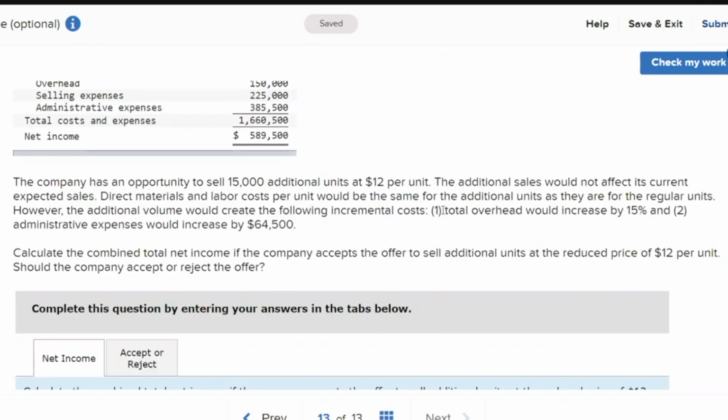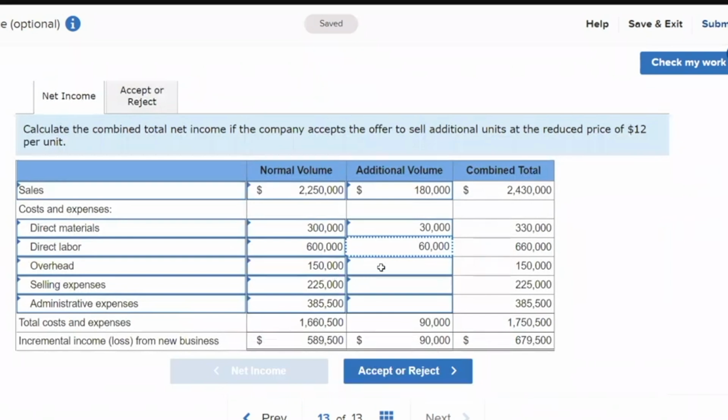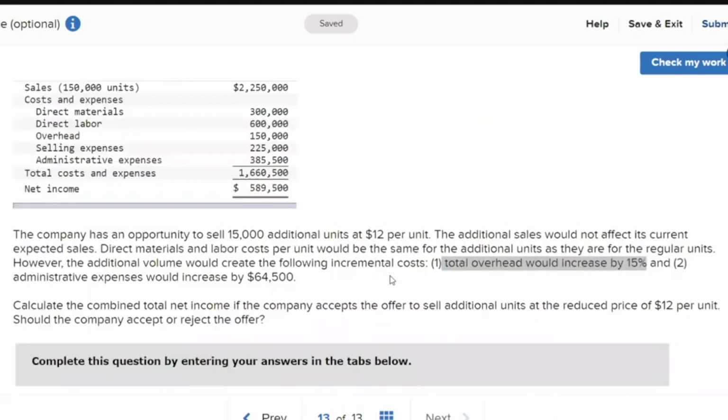Okay. It says here total overhead would increase by 15%. So overhead increased by 15%. So what do I do there? I do 150,000 times 1.15. 172,500. Okay, and selling expenses.